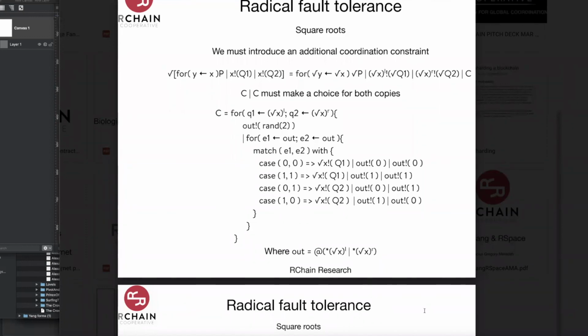But one thing you can do, and it's going to be the same for all versions of Casper, is this: if you have malicious validators, you have to defend against that.